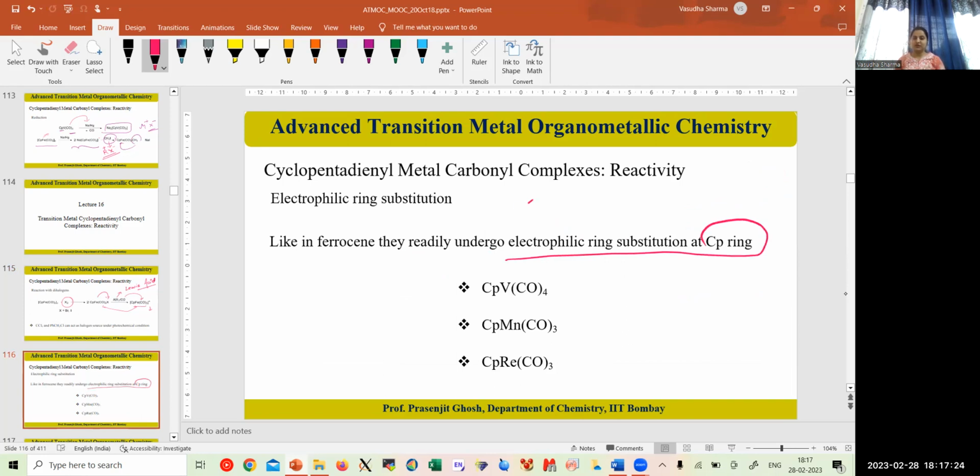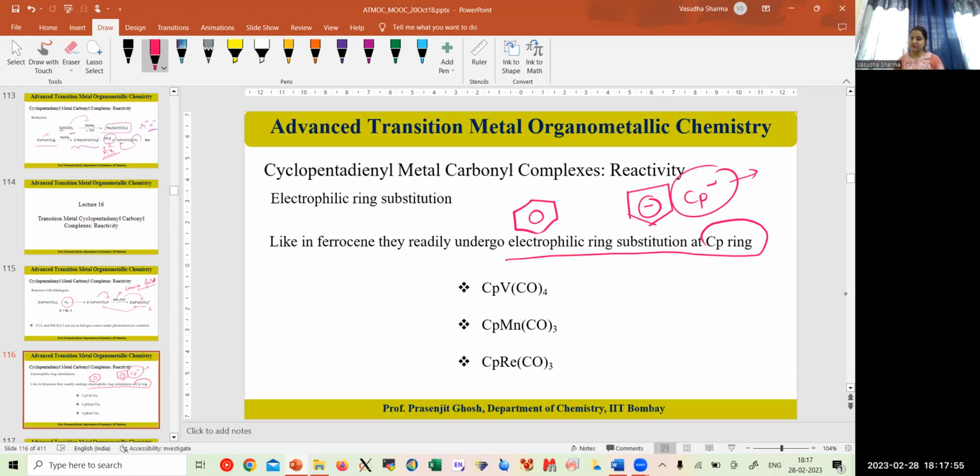As I told you, if we compare benzene with the Cp negative ring, this would be more reactive when attached to the metal. There is no charge on benzene as such, but electron density is there. Since we have a negative charge on the Cp ring, that makes it more nucleophilic and increases the rate of electrophilic substitution on its ring carbons.